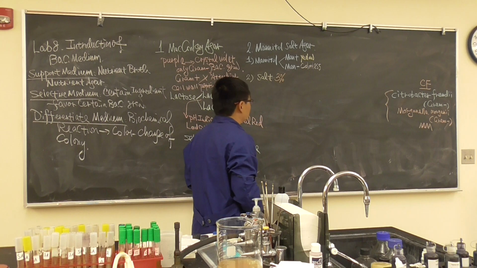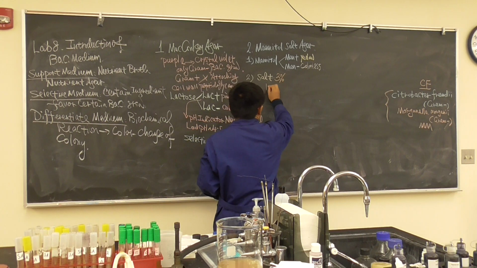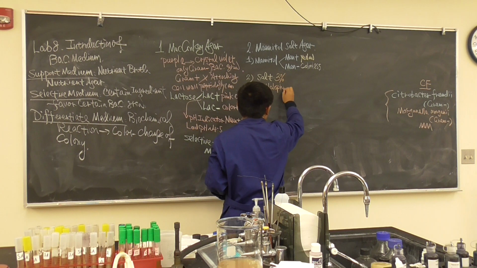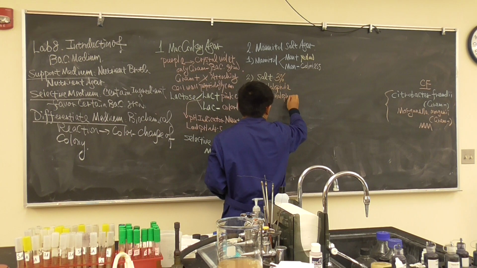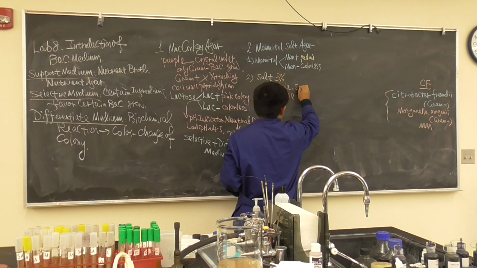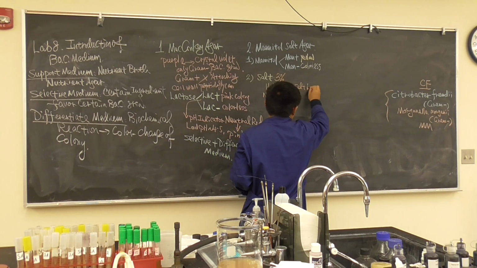Because of the salt, bacteria are differentiated into two categories, halophile and non-halophile. Halophile means bacteria that like salt, salt lovers, and the others dislike salt.